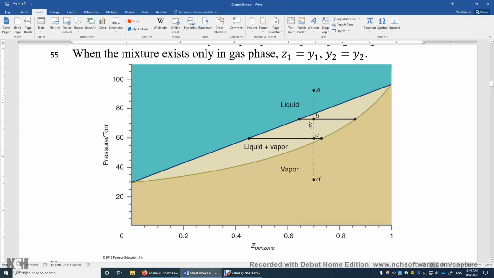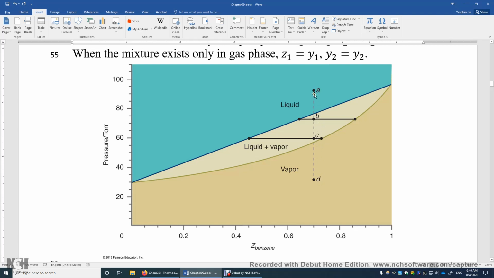B is not right in the middle; it is between this data point and this data point. So this is really interesting. Even if we have a constant overall benzene fraction, you have different X benzene and Y benzene at point B. Now let's describe this process from A to B to C to D.